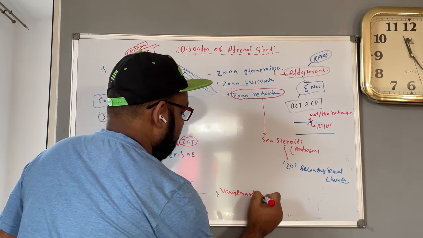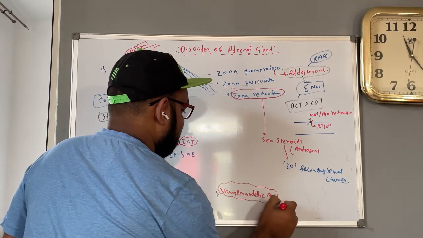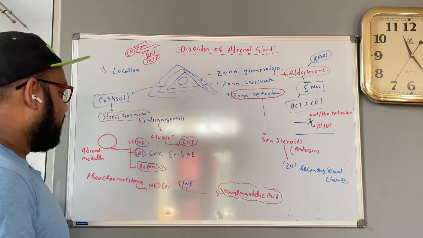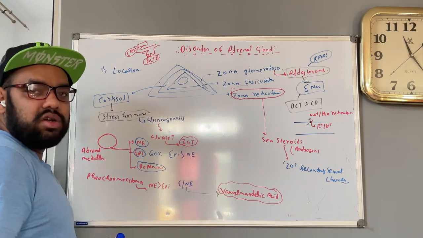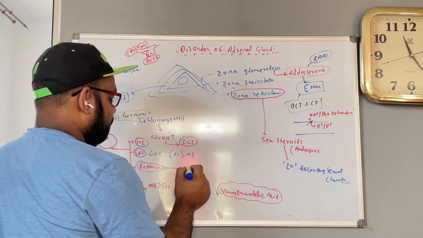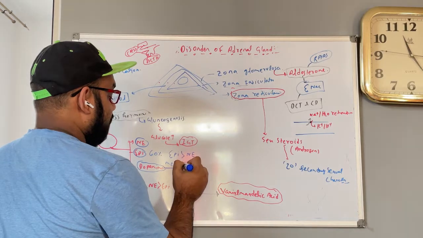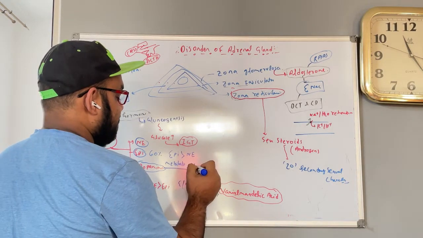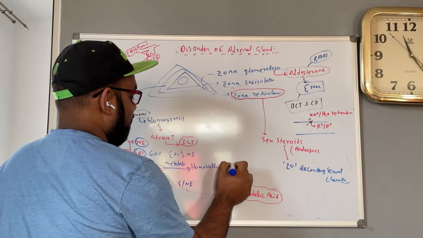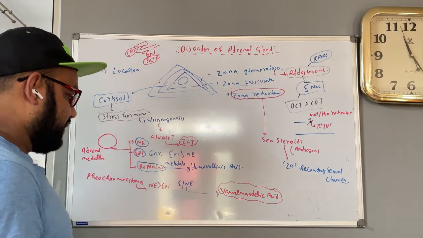So vanillylmandelic acid is the product of epinephrine and norepinephrine. Along with that, for dopamine, whenever it is completely metabolized, we will get the product homovanillic acid. Okay, so these are the products.